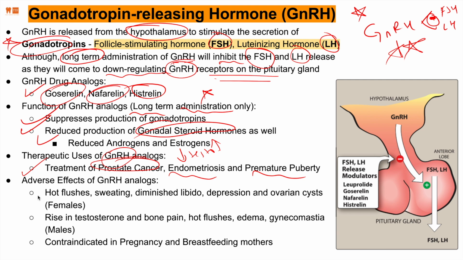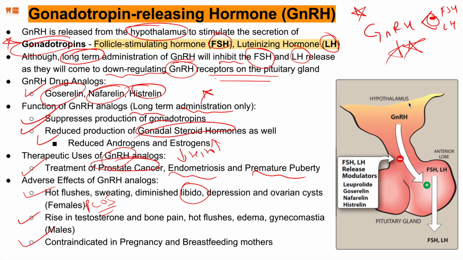Adverse effects: hot flushes, sweating, diminished libido, depression, ovarian cysts in the females, also known as PCOS, polycystic ovarian syndrome or disease. Rise in testosterone, bone pain, hot flushes, edema, gynecomastia. This is all in the males. It's contraindicated in pregnancy and breastfeeding mothers.